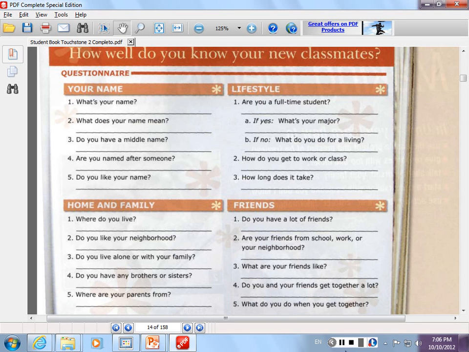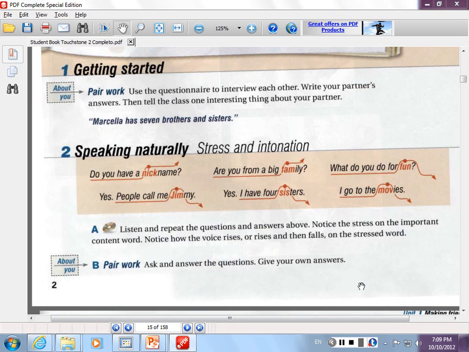the friends. Okay, now if you go to the bottom of the page, في أسفل الصفحة ذاتها, you can see this part. Number 2, speaking naturally, stress and intonation. This skill is used for speaking. هذا يعني شيء متعلق بالتحدث, speaking.